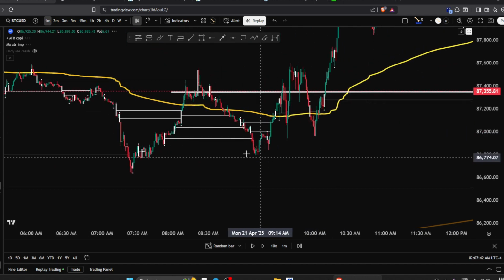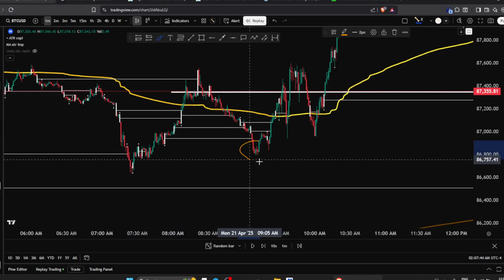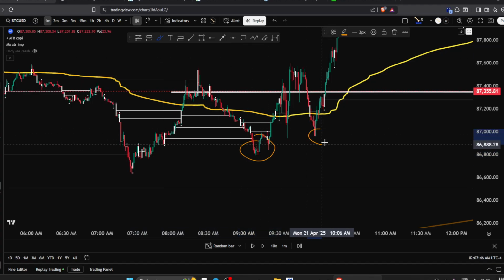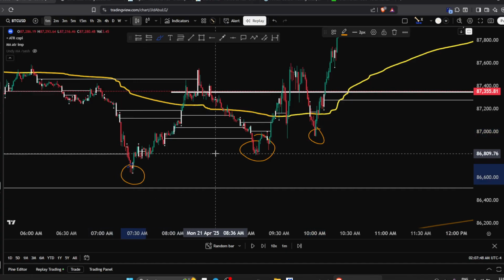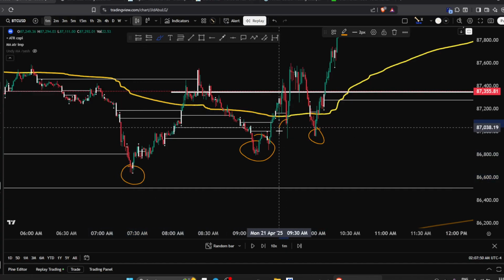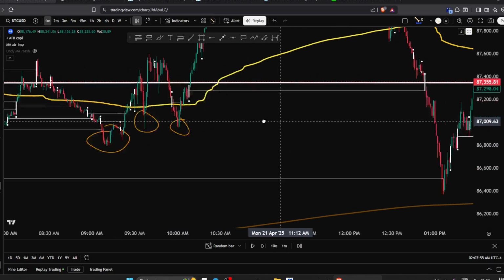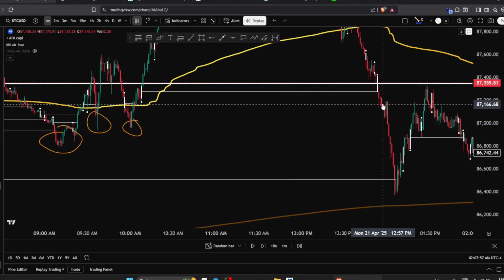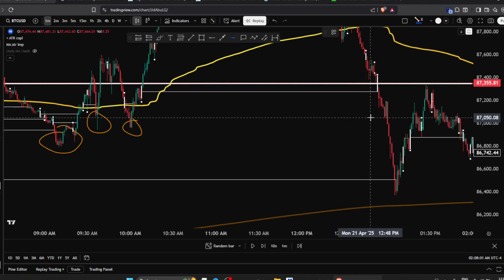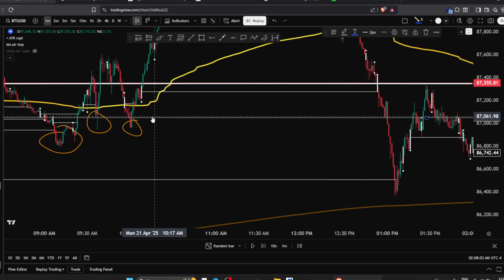If we look to our right, we got a couple swing lows, good swing low there. This is pretty interesting, those really long wicks. So you're right here, so you're right there.